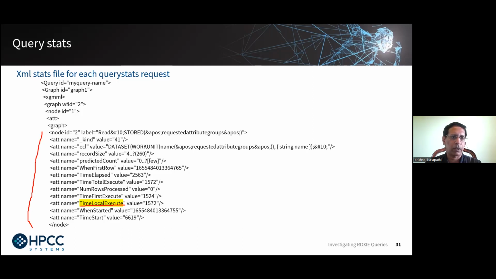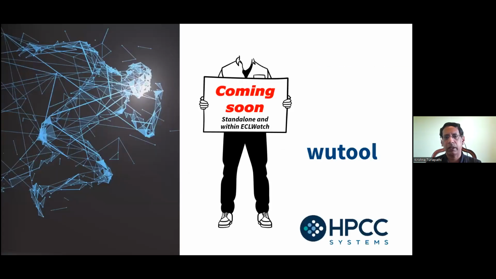Now that we have our query stats, let's take a look at the Woo tool, which is a new tool that will be available soon. You can currently use this as a standalone command line option. This will be added to the ECL Watch as well.